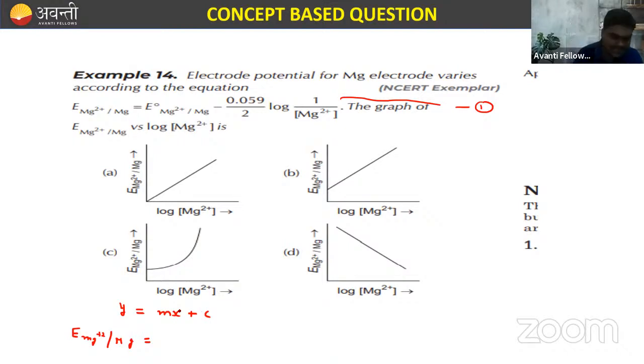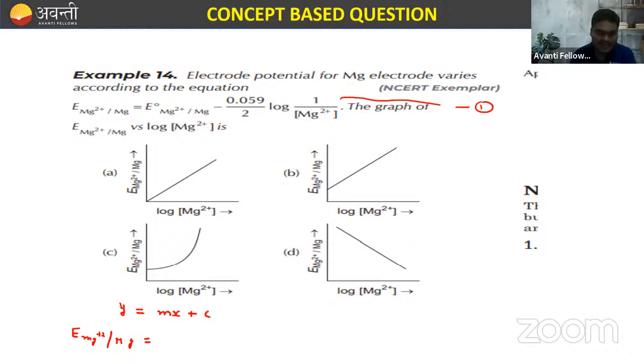Anyone wants to say anything else? So in case of y, we have this. What is the slope of this curve? Can you tell me the slope? And what is the x-axis? This is the mx part, that is, x is 1 upon Mg2+.